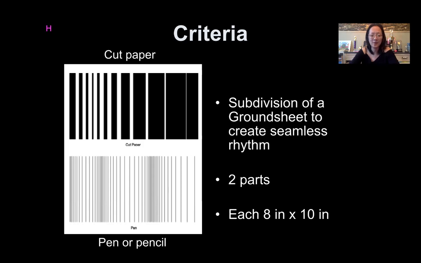Now in the second part, you're going to use a pencil and a piece of preferably cardstock paper, 8.5 by 11, and you're going to draw like this. Yes, you only draw lines, but what matters the most is the distance between your lines.